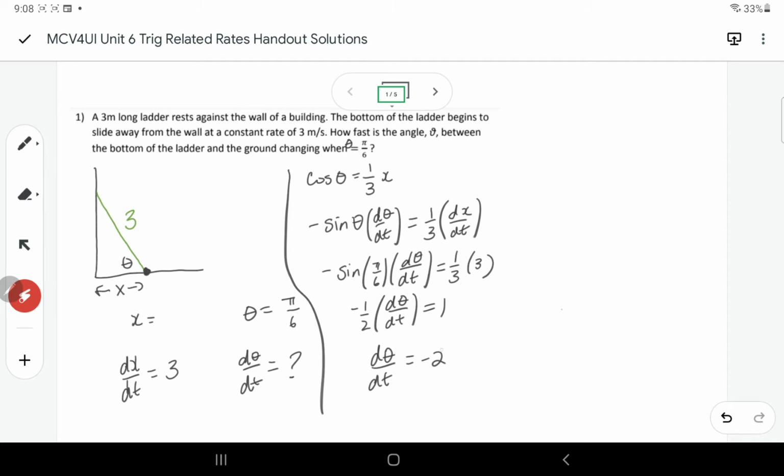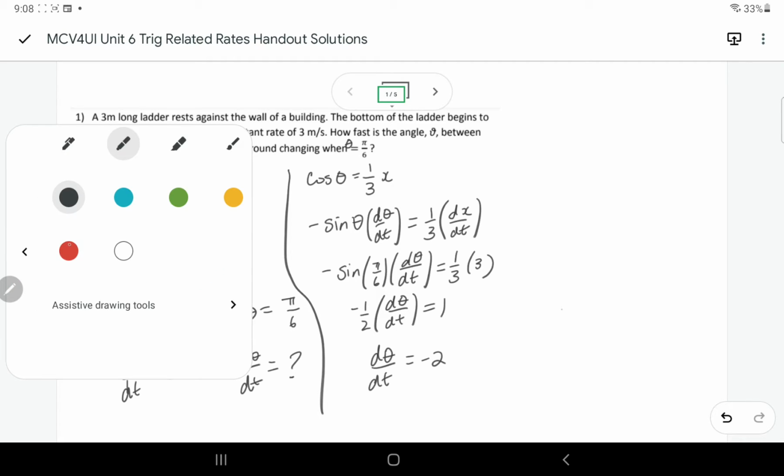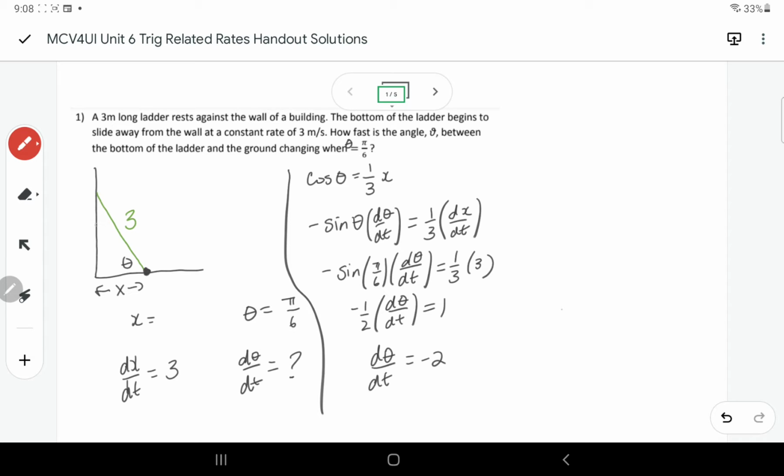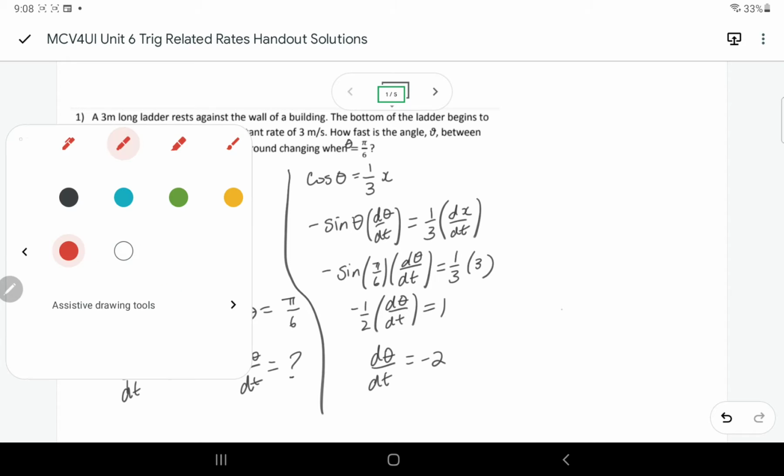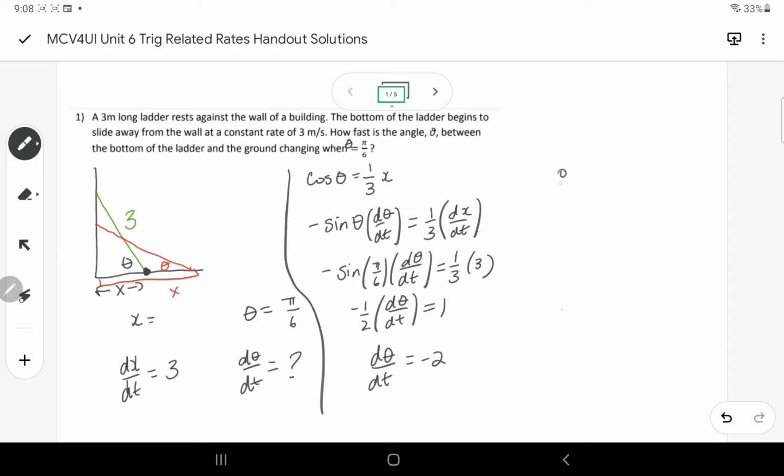And remember that that negative tells us something. That tells us that the angle is decreasing. Which makes sense, right? If you slide that out and after some amount of time, this 3-meter long ladder is farther away, your x got bigger, then your theta gets smaller. It's decreasing. So your therefore statement should reflect your understanding of that.